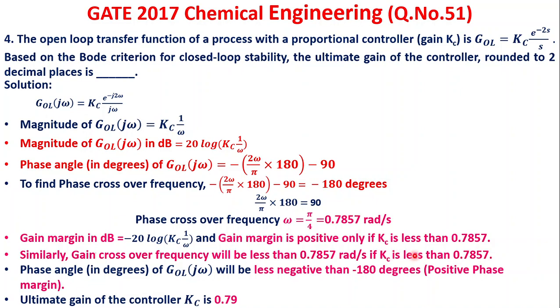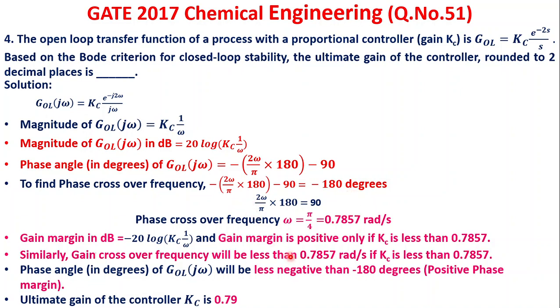So if Kc is less than 0.7857, omega c is also less than 0.7857. If you find the phase angle at a frequency less than 0.7857, what is the phase angle? Definitely less negative than minus 180. Less negative than minus 180 means, for example, minus 160, so what is the phase margin? 20 degrees. That's all. So the phase margin is positive.